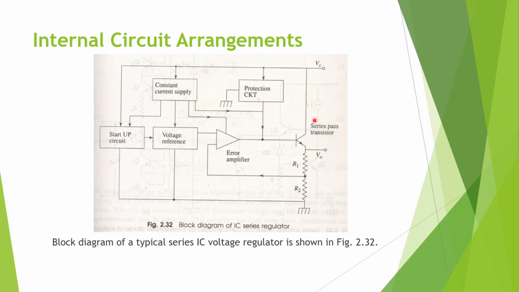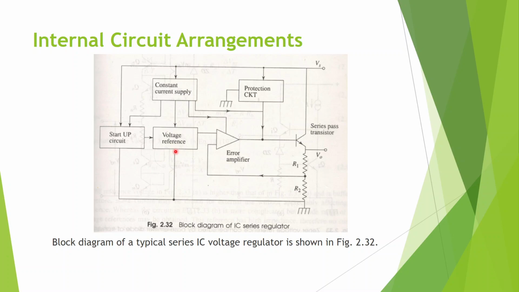If it increases, due to this error amplifier the value is decreased. If it decreases below the required value, due to this error amplifier and this transistor, the value is increased. So in this, the value of this reference voltage is very important. It should remain constant.